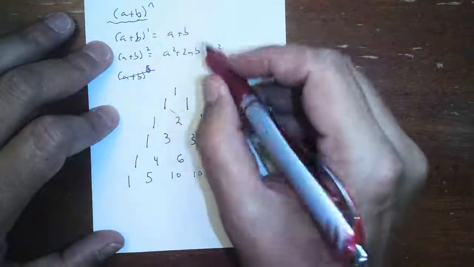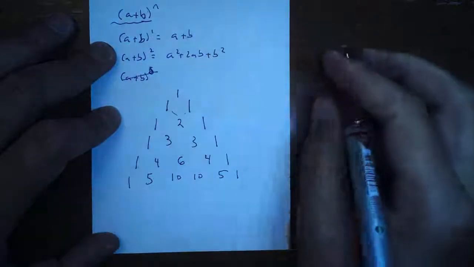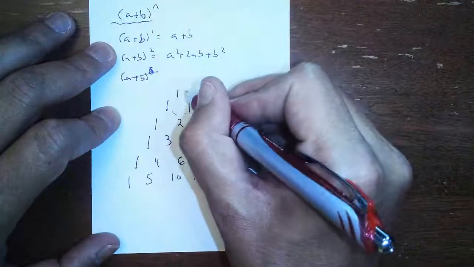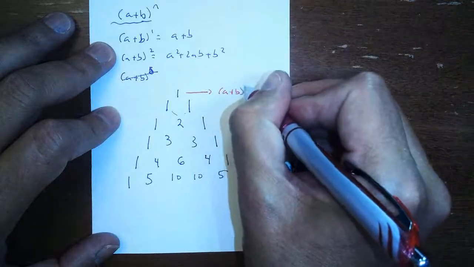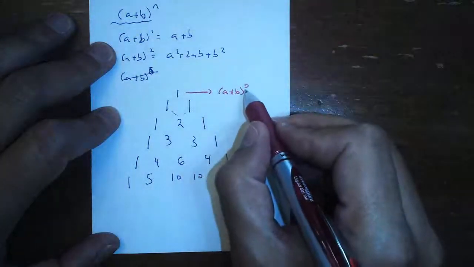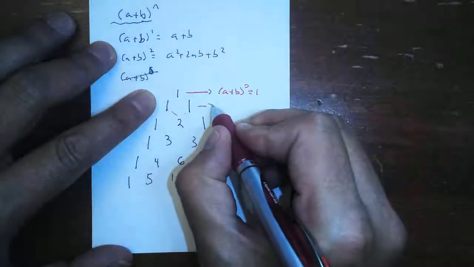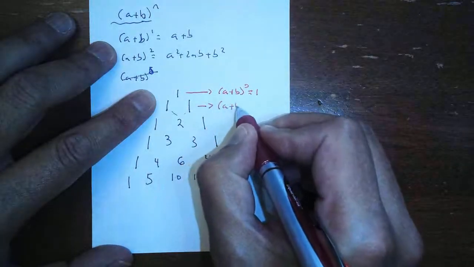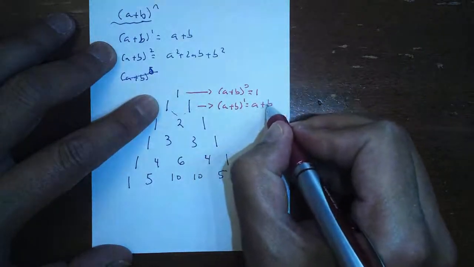Well, the beauty of Pascal's triangle is what it gives us in terms of our binomial. For example, the first one here would be considered a plus b to the 0, because we know anything to the 0 power is just 1. This 1, 1 here would be a plus b, of course, to the first, which is a plus b.